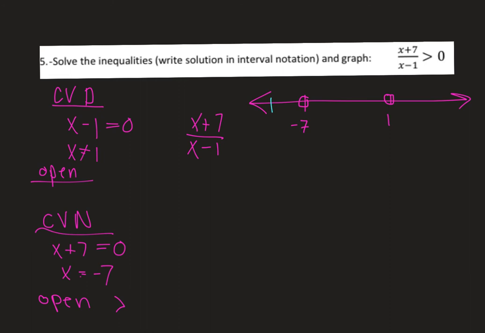I'm going to pick an arbitrary number. You can pick something different than me and it doesn't matter. I like to pick nice round numbers, so I'm going to pick -10. And I'm going to plug -10 into my expression. So -10 plus 7 is a negative. -10 minus 1 is a negative. A negative divided by a negative is a positive.